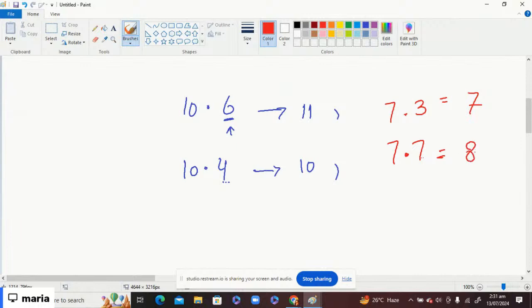You are going to check it out. If the number after the decimal is greater than 5, it changes to the next number. But when it's less than 5, your number stays the same.